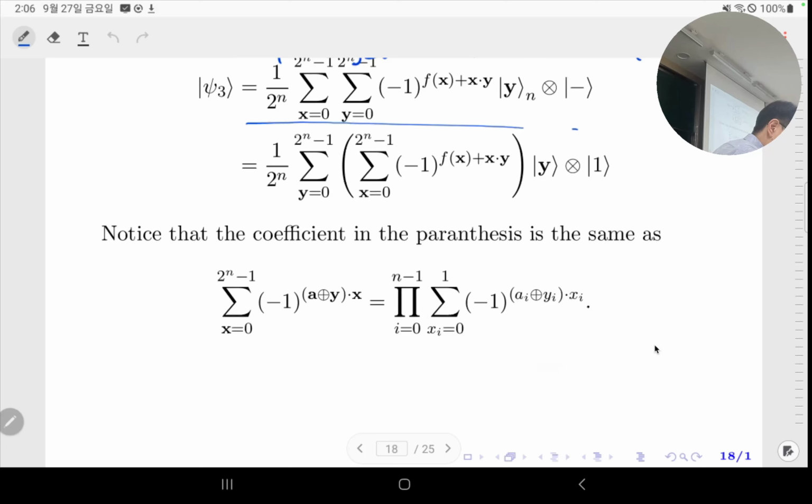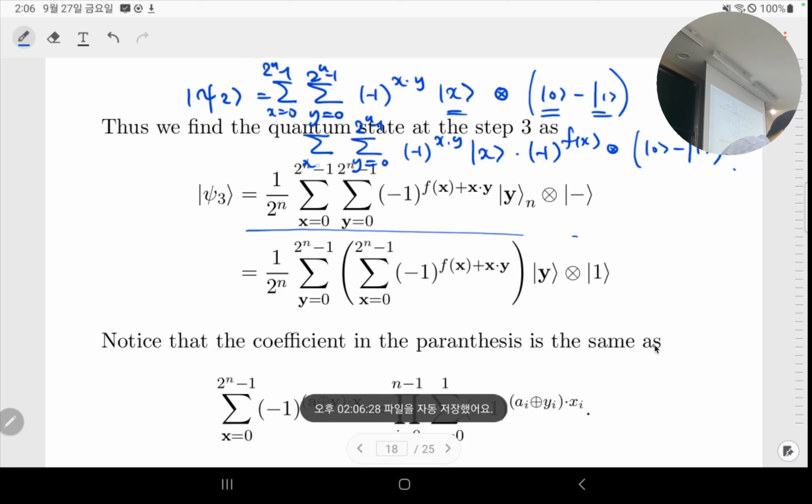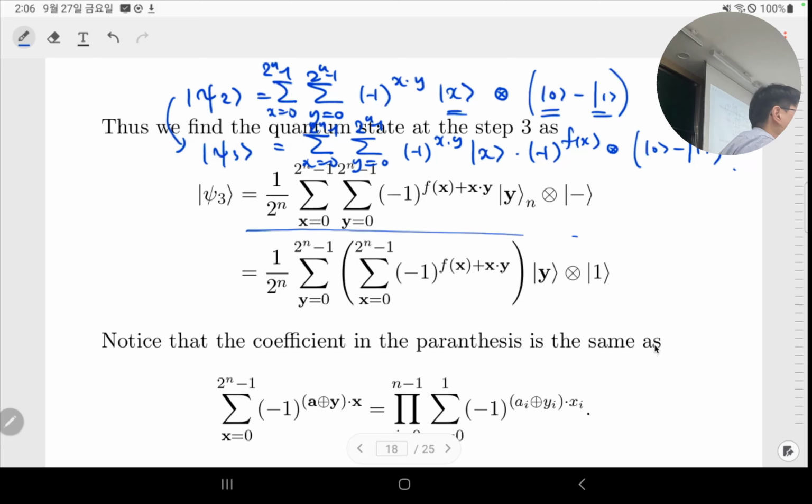Okay, so if I take x here, this becomes f of x, and I need to put the sum over x here and the sum over x here also, and that's after you applied the oracle, psi 3.